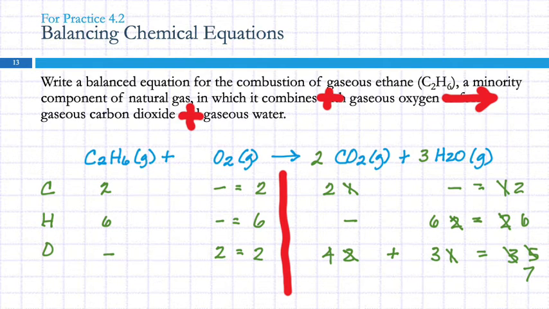And now I need to balance the oxygen. I have 7 oxygens on the right side, and I have 2 on the left side. So making 2 into 7 is a little trickier than making 2 into 6. Because these oxygens come in pairs, you can't order up 7 oxygen atoms.